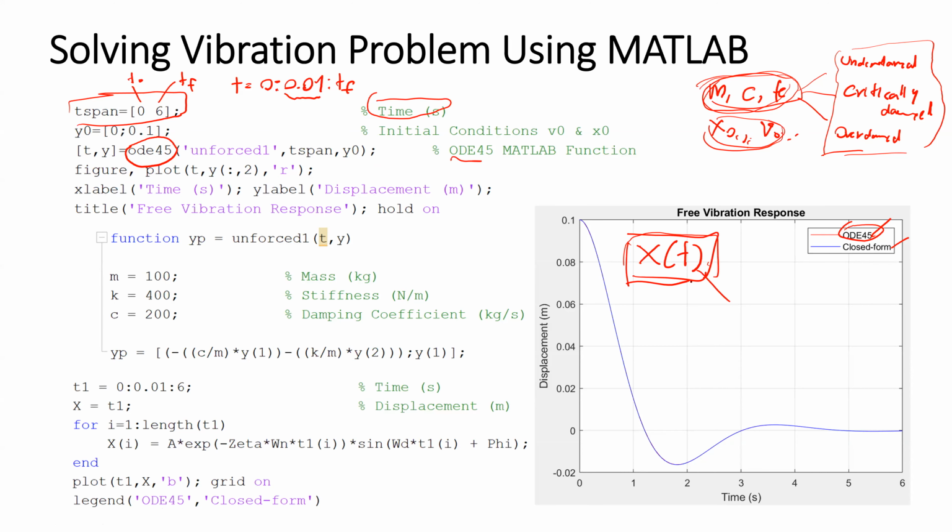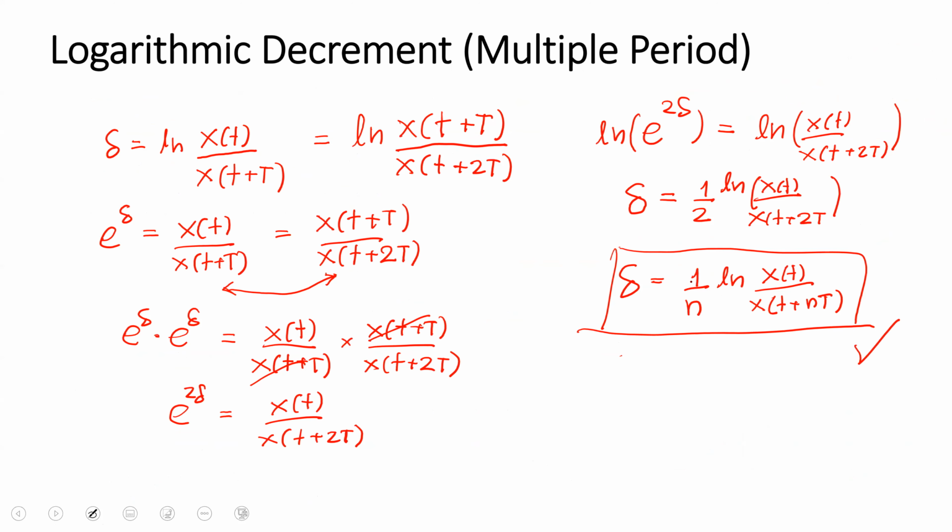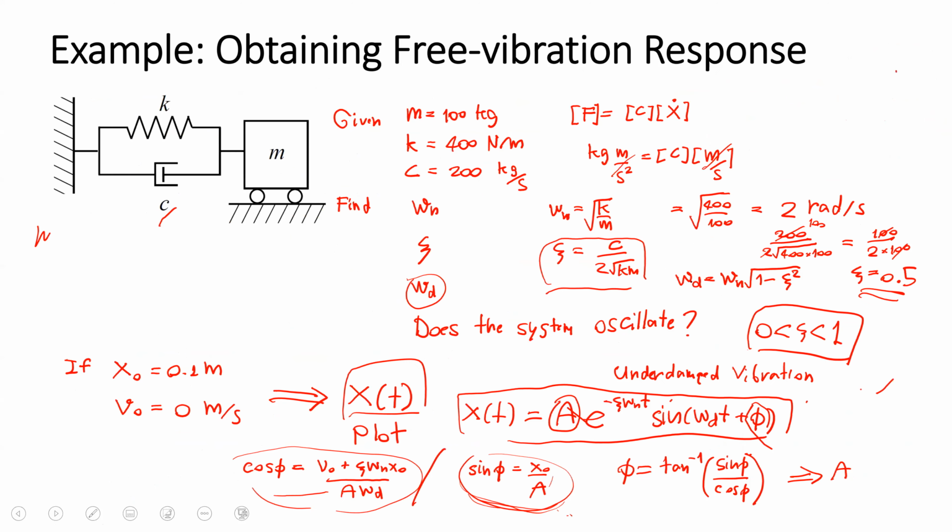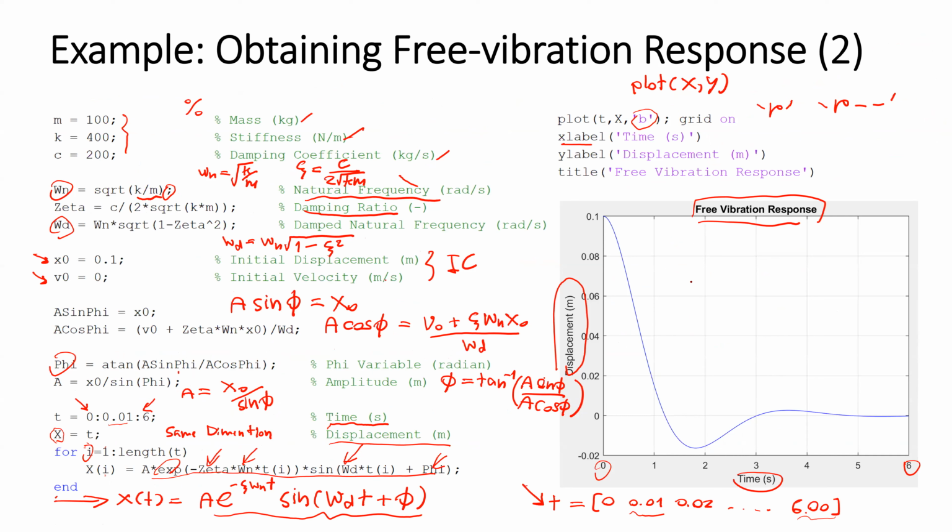In the previous case, if you try to change this number to be a bad approximation, for example, you can have 0, 1, 6, so your time vector will have 0, 1, 2, 3 until 6.